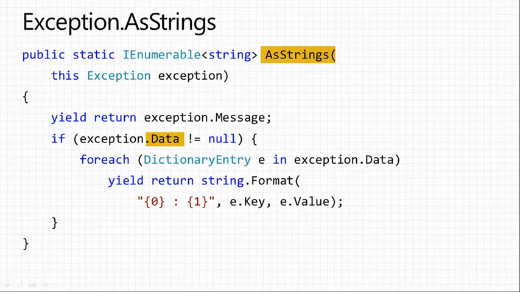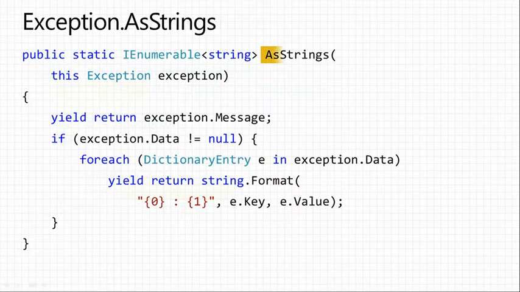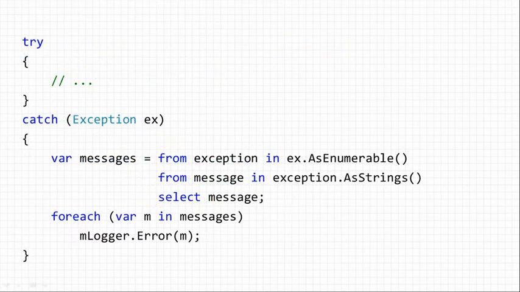So taking these 2 extension methods, we'll go back, we've got the as enumerable, which takes the exceptions and splits them all out, undoes the nesting, and following that with the as strings, we can end up with a fairly simple bit of logic to log all the details of an exception to my logging framework.